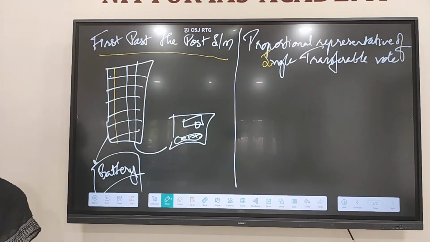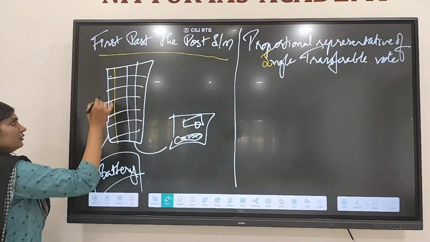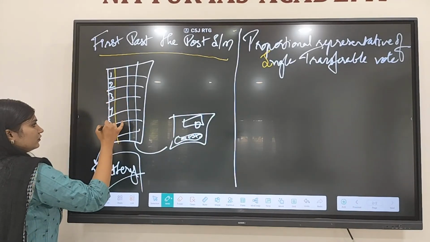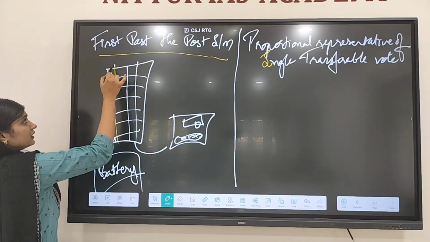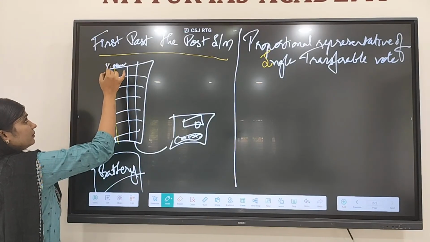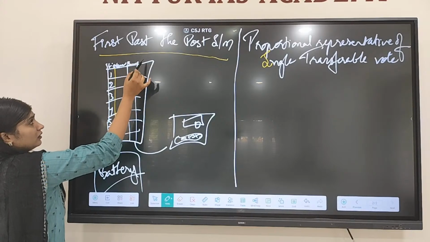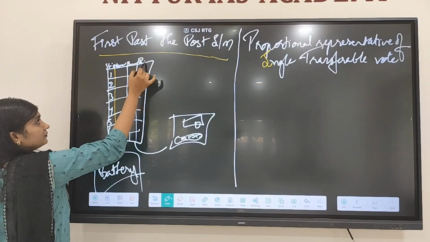Before, elections were with the help of ballot papers. Now we have the EVM, electronic voting machine, along with VVPAT. Concentrate here. These are serial numbers 1 to 6 and the names: serial number, names, symbol, and button.